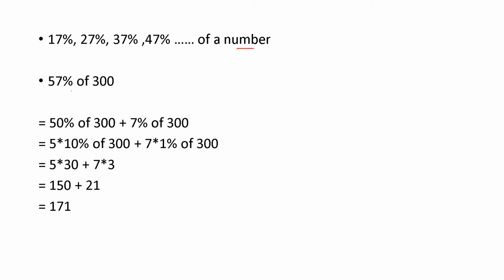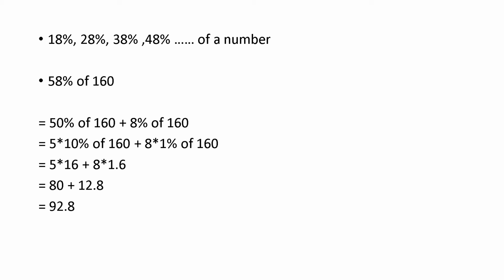Example, 57 percentage of 300. So 57 is 50 plus 7. 50 is 5 into 10. 7 is 7 into 1. Okay. So 10 percentage of 300 is 30 and 1 percentage of 300 is 3. So we'll get the answer. Same way for 27, 37, 47, 97 and so on.